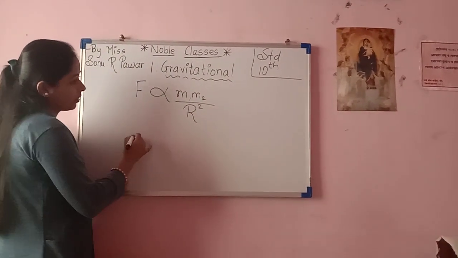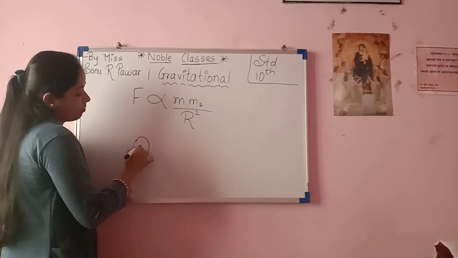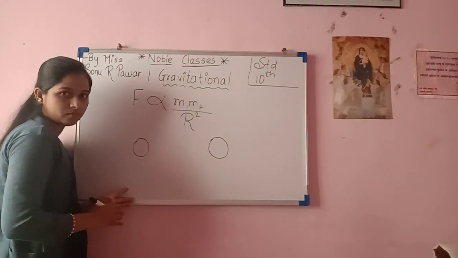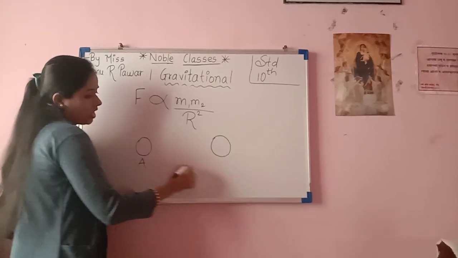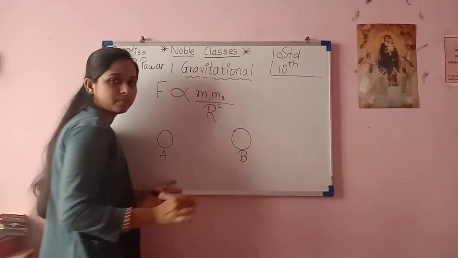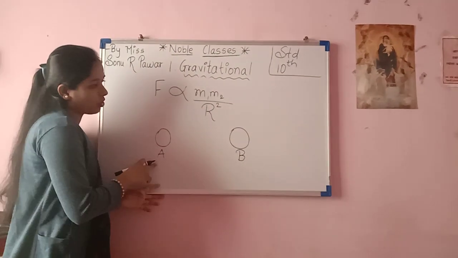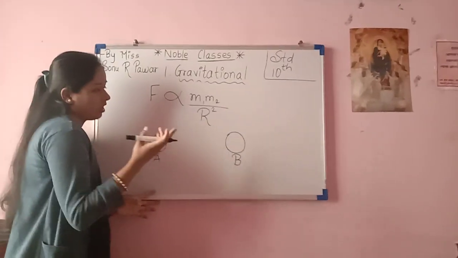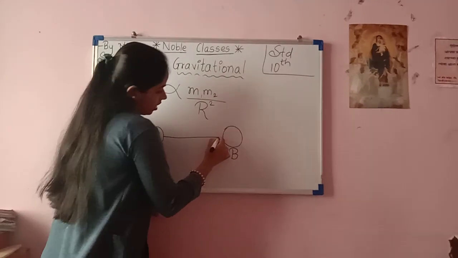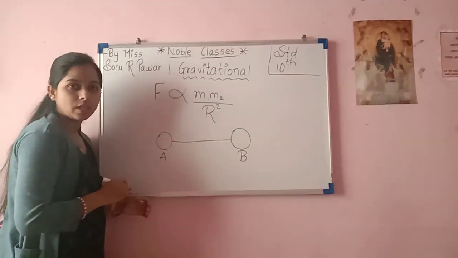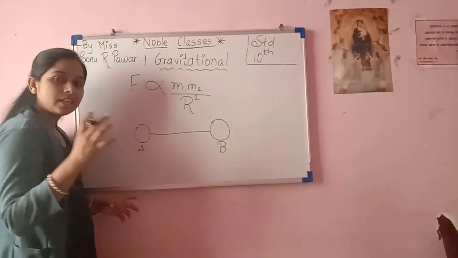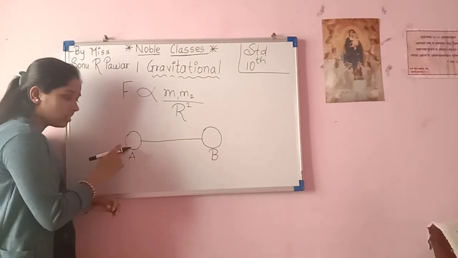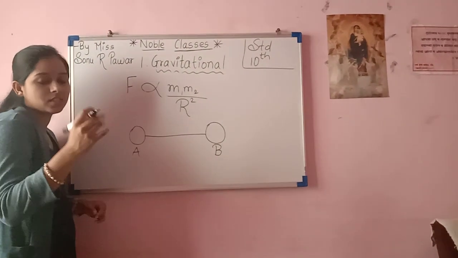See one example. This is ball M1, this is ball M2. Or I'll say this is ball A, this is ball B. There is a specific distance between them. These two balls have been placed at a certain distance from each other. Since it is a ball, it will have some mass.